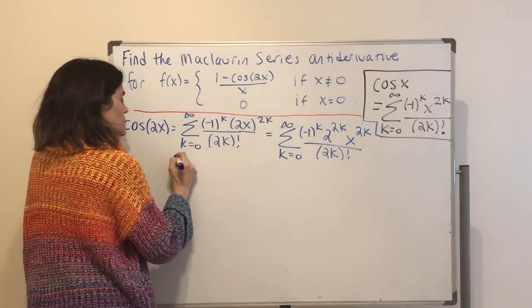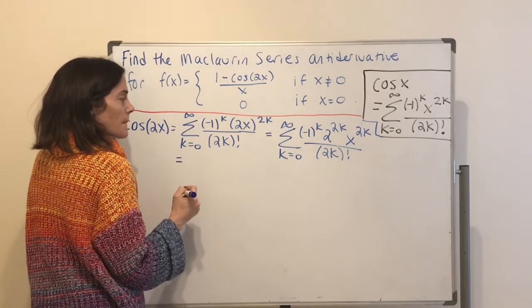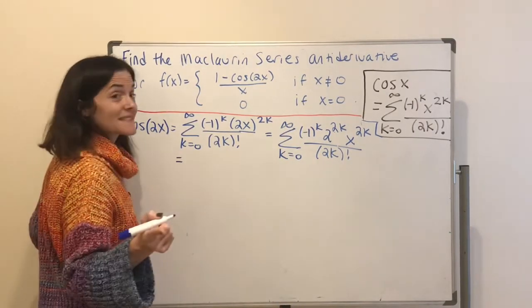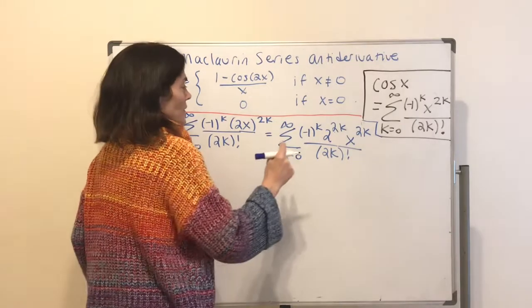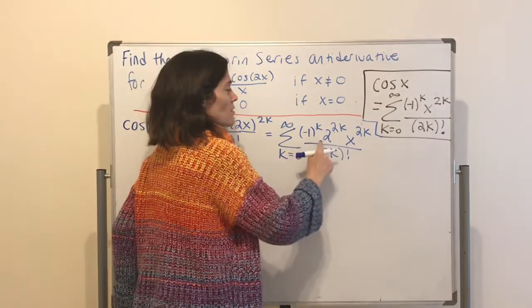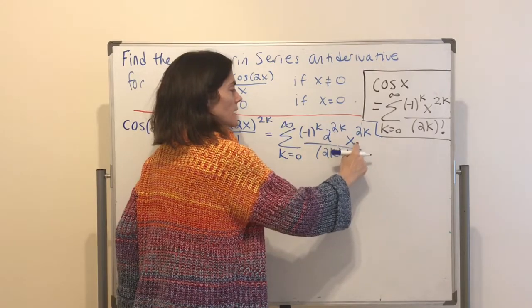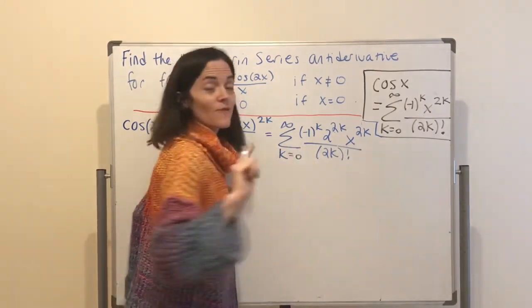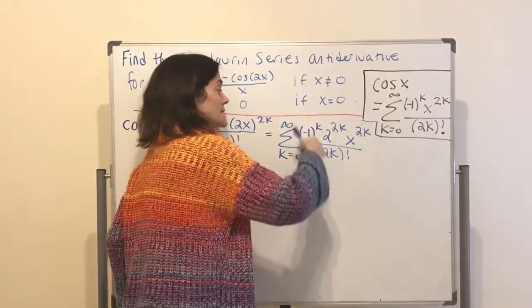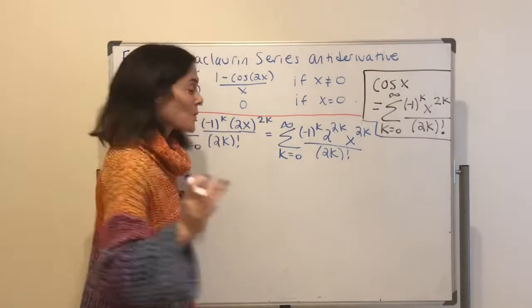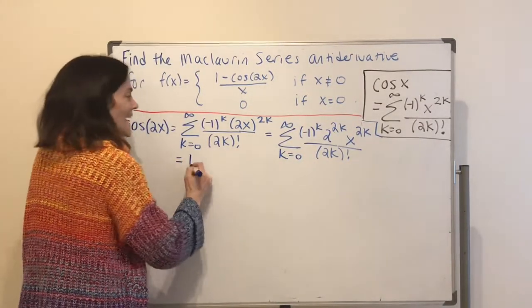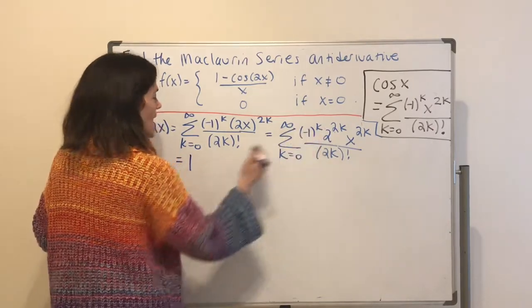Okay, so first let's write out some terms. Well, first k equals 0. Anything to the 0 is 1. So this is 1, this is 1, x to the 0 is 1, 0 factorial is 1. Every single piece of this when k equals 0 is 1. So we have 1. And then when k equals 1, we have a negative.